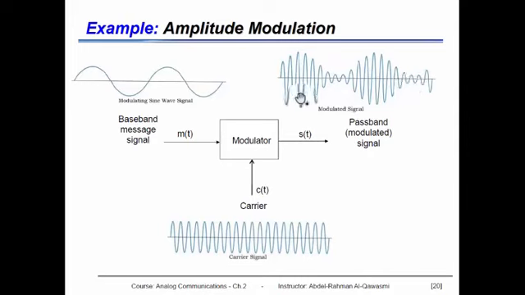In order to make a modulation, we need a modulator. What is a modulator? It is simply a multiplication between this input and a carrier. As you see, this is our carrier, C of t, and the carrier, of course, has a higher frequency than the modulating sine wave signal.